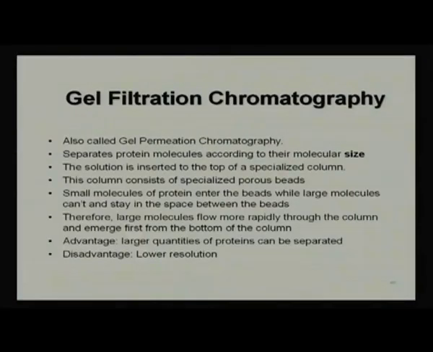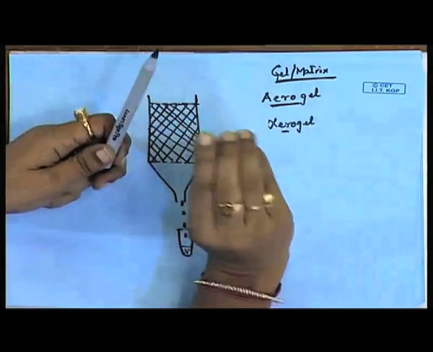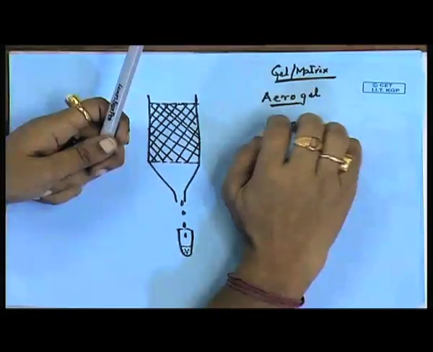Here, we take a gel which has a specific pore within it, that means it is porous in nature. I will come to the different characteristics of this matrix molecule gradually.